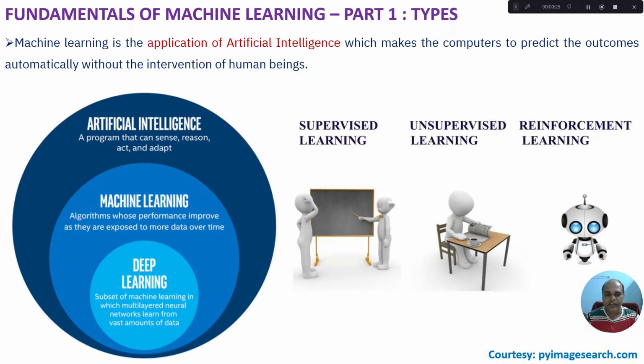So an artificial intelligence system is nothing but a computer which runs a program which can sense, reason, act and adapt to a particular situation. So essentially an artificial intelligence system is going to have a microprocessor or a microcontroller which is going to run a program which can get the parameters from the environment through sensors.